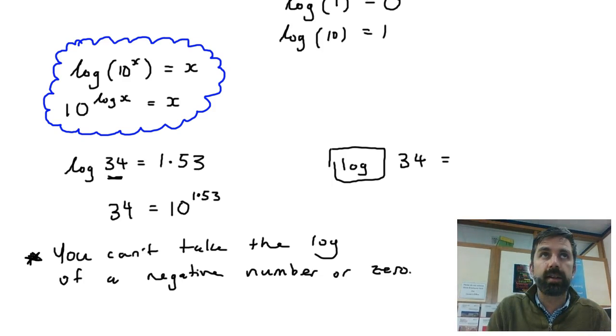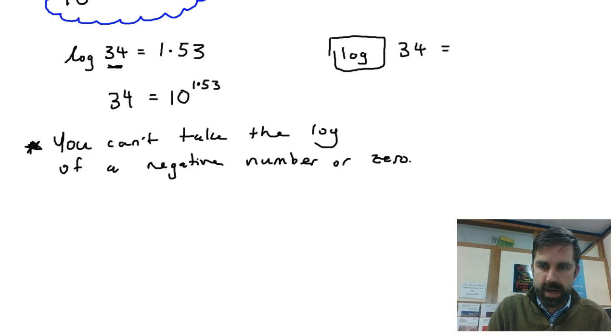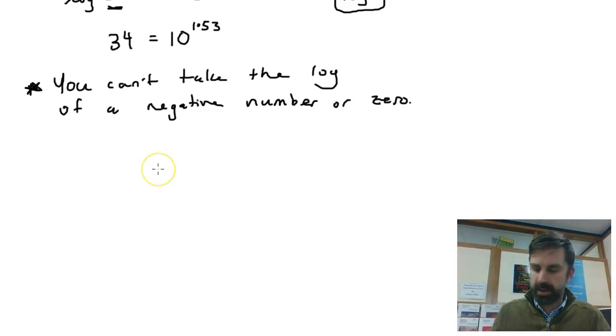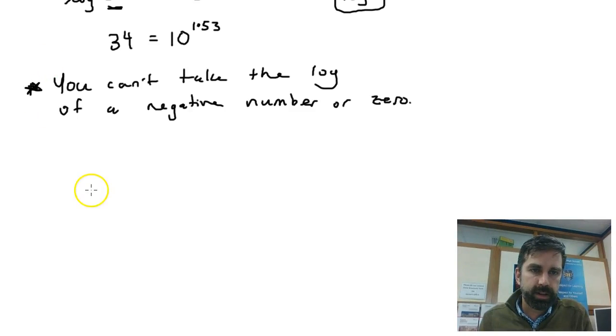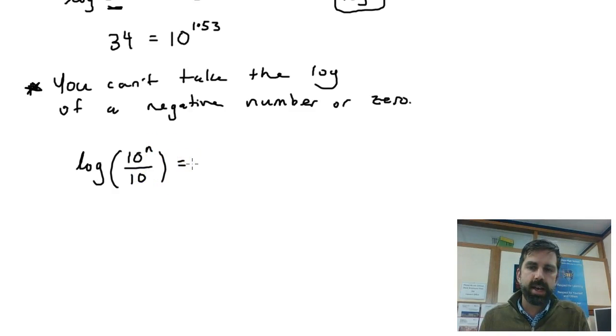One last thing is I'm just going to show you how to take logs of some different values. These examples will help you with the questions that you do in the book. For example, if you have something like the log of 10 to the power n divided by 10, if we can get this into a base of 10, we can use our log rule that we just wrote down earlier to simplify that.